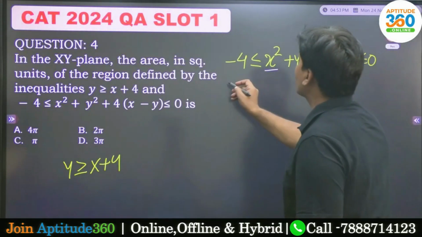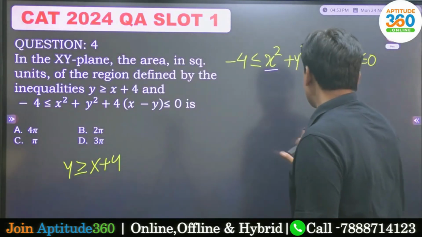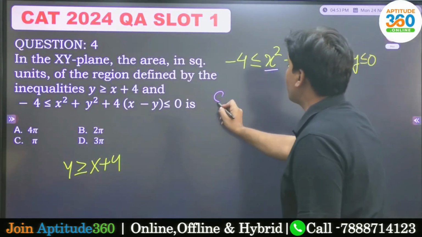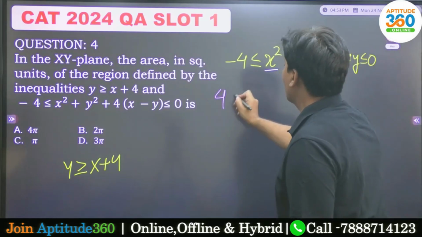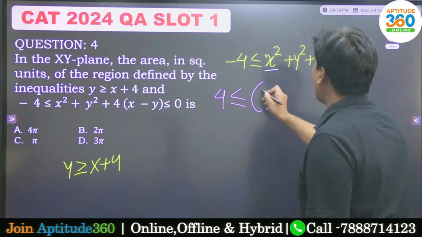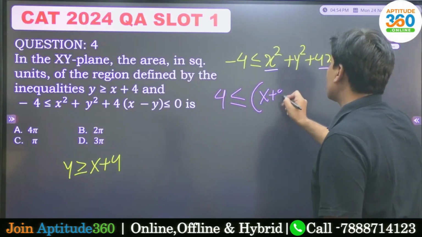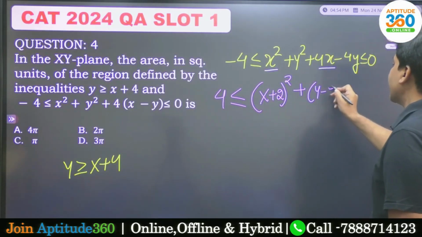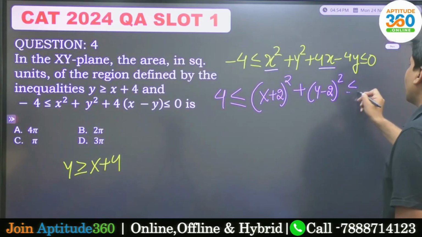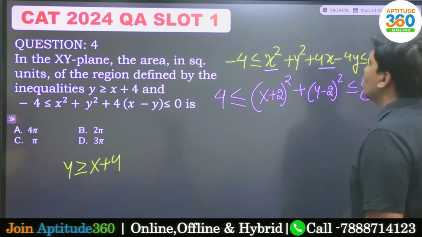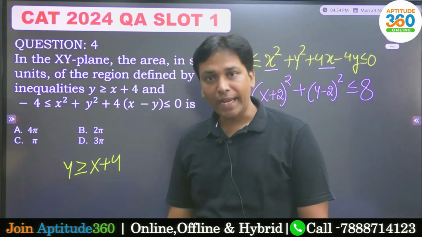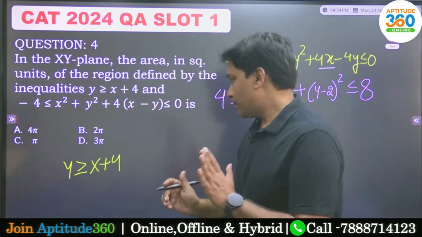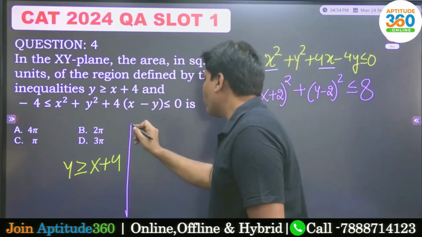So this becomes negative 4 plus 8, which is positive 4. And over here you have x plus 2 whole square plus y negative 2 whole square, and on this side, since it was 0, 0 plus 8 becomes 8. Now if you look at it, probably you are aware of this.